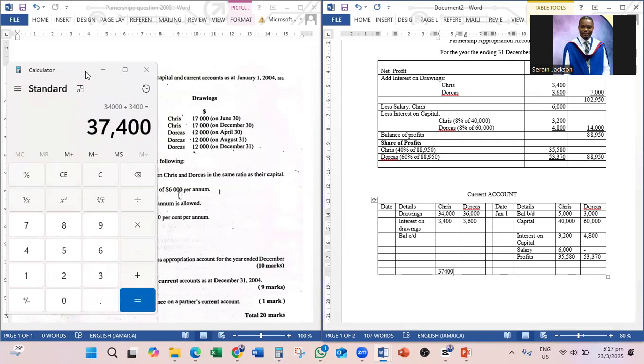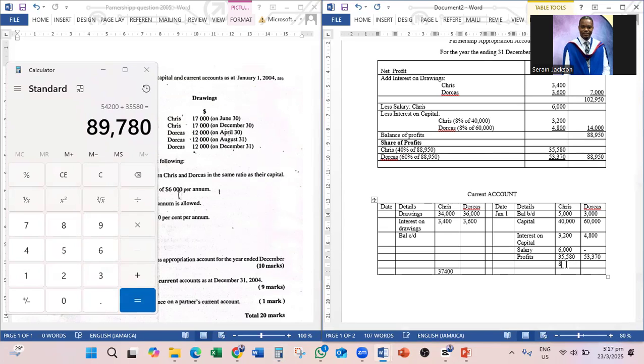Now let's do the credit side for Chris's account. It is 5,000 plus 40,000 plus 3,200 plus 6,000 plus 35,580, which is equal to 89,780. So we know that the balance carried down is definitely going to be on the debit side.